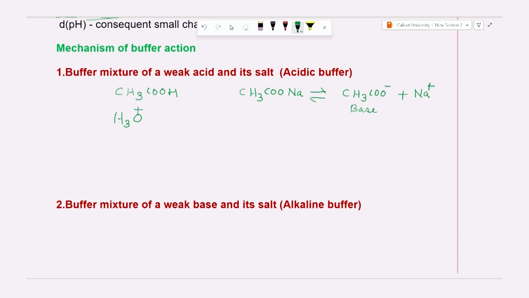Now, when I add an acid which contains hydronium ions, they will come and combine with the CH3COO minus ion, which is the base, leading to the formation of CH3COOH and water.